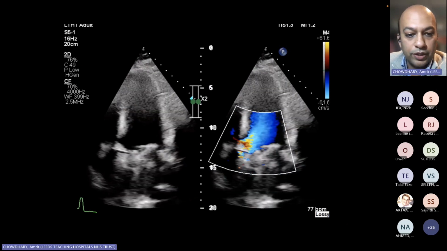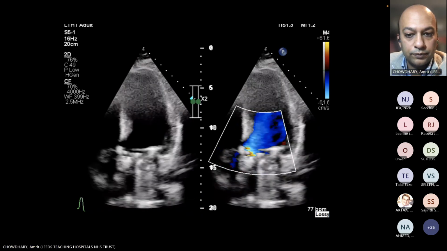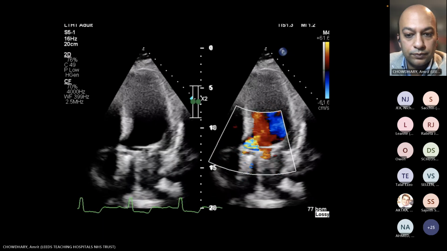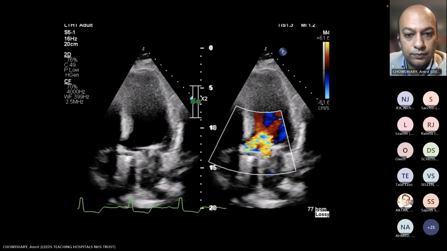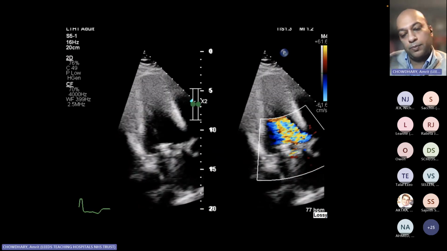And this is a 5-chamber again with color compare. And a typical 3-chamber.